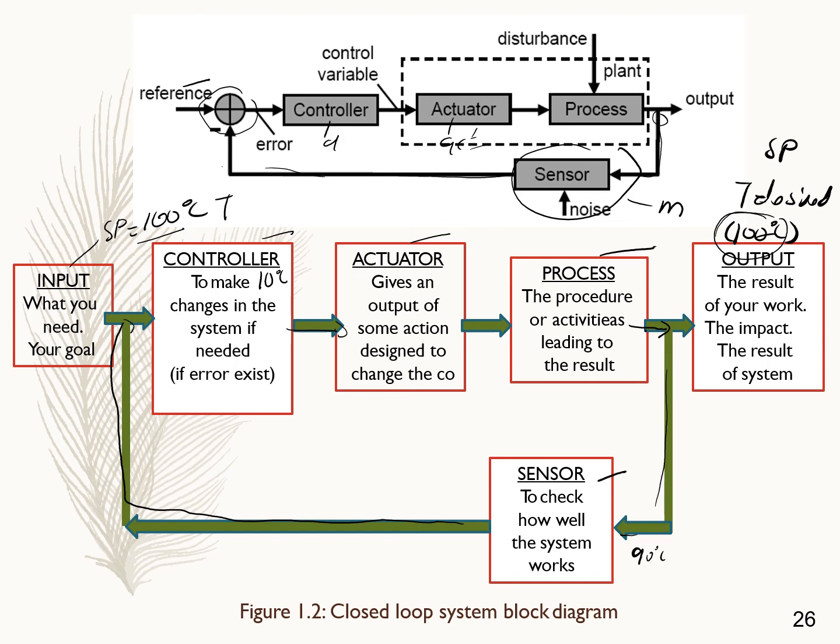So if the temperature is lower than the desired set point, then the steam in temperature must be increased so that it will cater for the deviation of the temperature inside the process. Okay, that was how the closed loop system works.